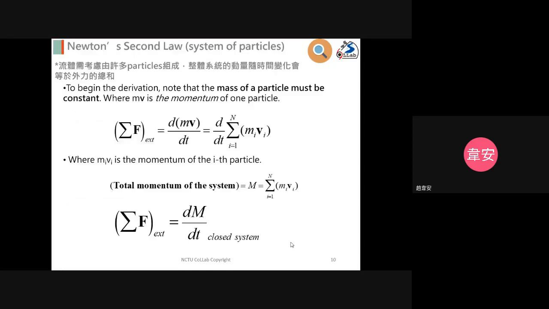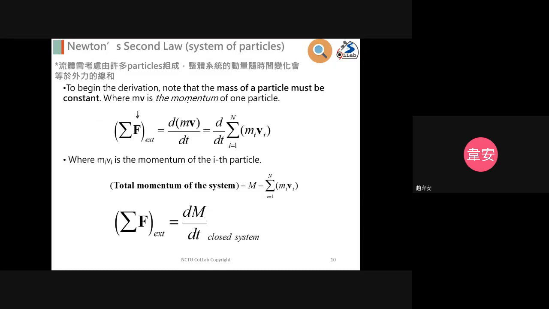As I mentioned on the first slide, the external force is equal to the mass multiplied by the acceleration. We also say that the change of momentum with time is equal to the external force.